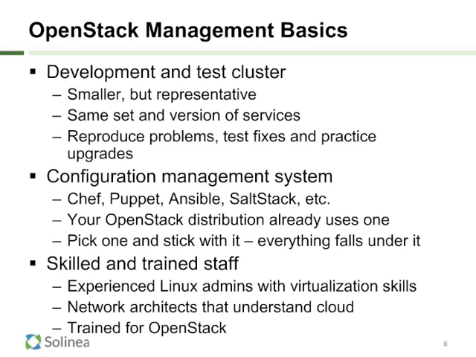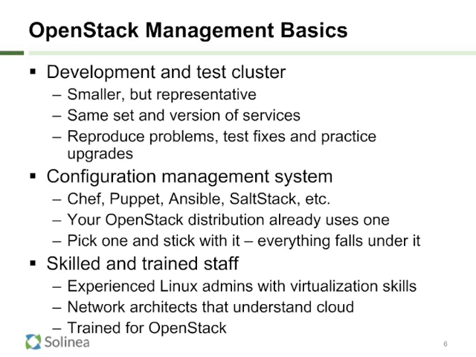I'm also going to assume that you have some kind of configuration management system. I don't really care which one you use. There are many very good systems out there: Chef, Puppet, Ansible, SaltStack. I'm sure I'm leaving out many of them, and I'm not here to campaign for any particular one.